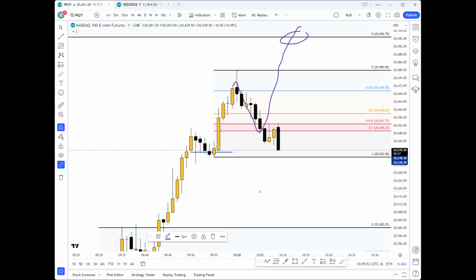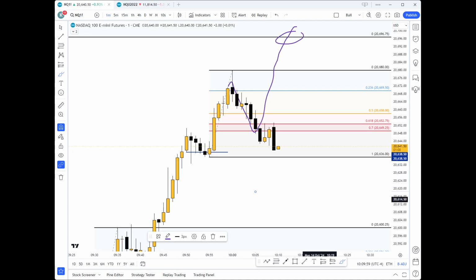Nope. At least not yet. But that failure above this, not what we wanted to see, leading to lower prices. This could be the manipulation, possibly. But we're looking at the inability for it to trade higher after a significant effort.